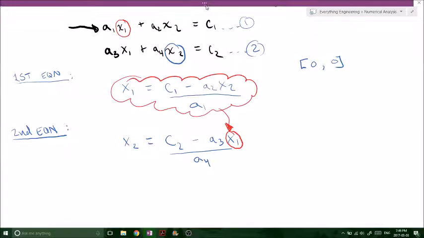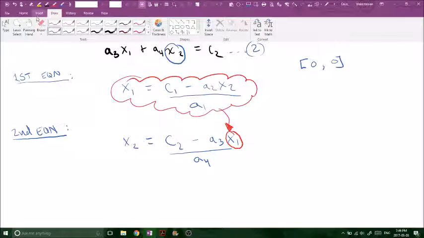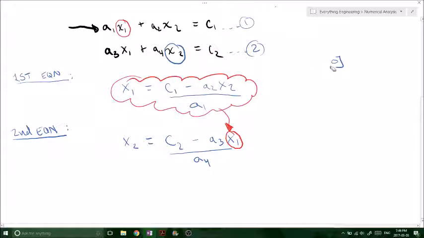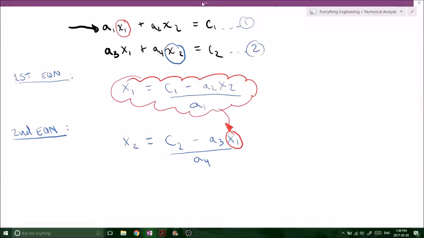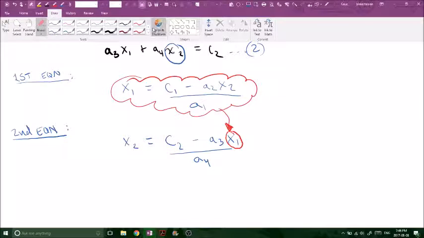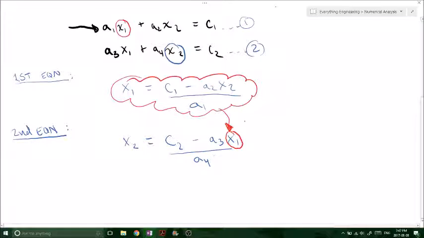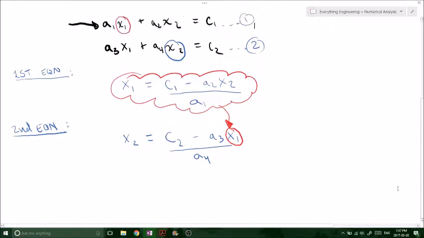But if you know the physics of the problem, then you can get a better estimate of what the correct answer is going to be, or your teacher on your exam or homework will give you a first iteration, which I will do in the example. I'll give you your first guess of the solution vector, and you'll see that the solution does converge, and it also has a chance to not converge. But we'll talk about that later.